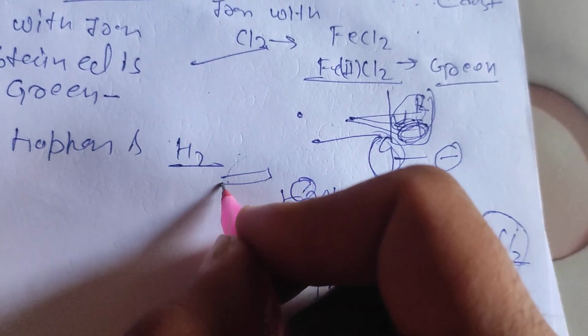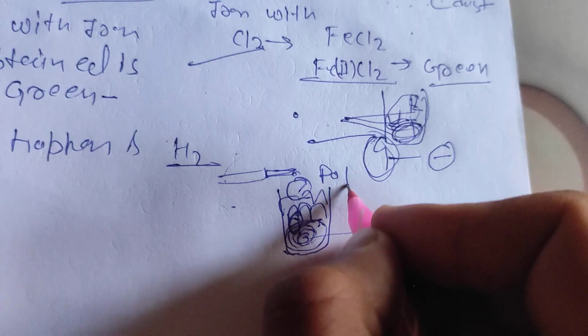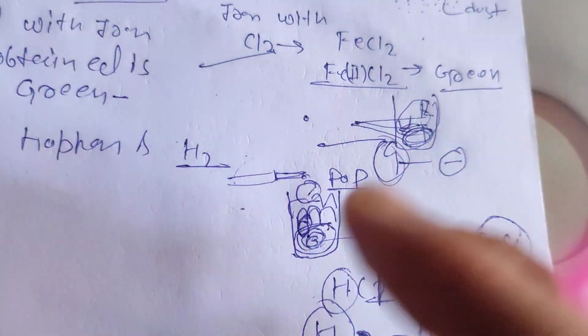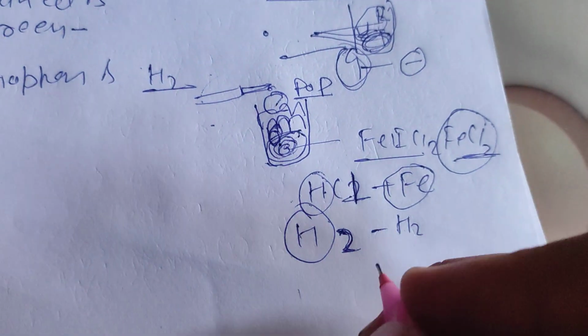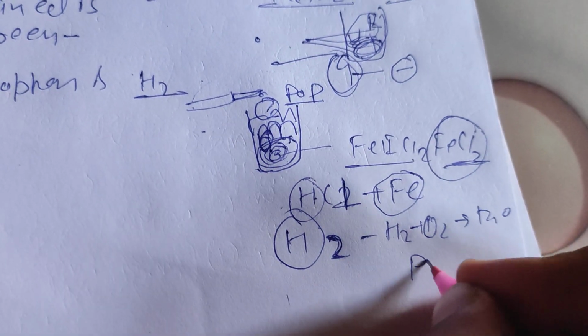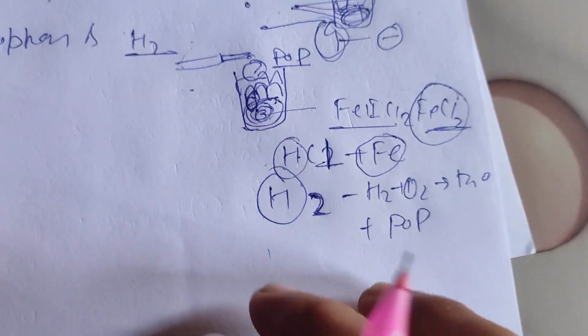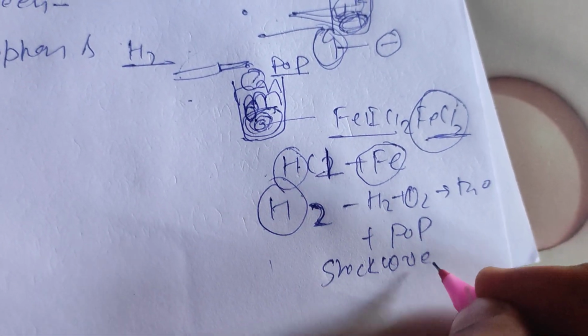So when we bring a flame to the hydrogen, we hear a pop sound. Why this pop sound? When it contacts a flame, the hydrogen reacts with oxygen and makes H2O plus a pop sound. The pop sound is because of heat and a shock wave.